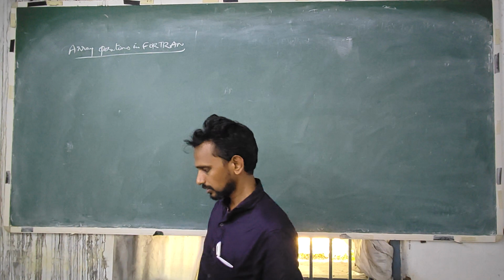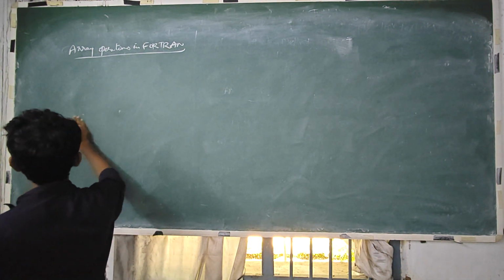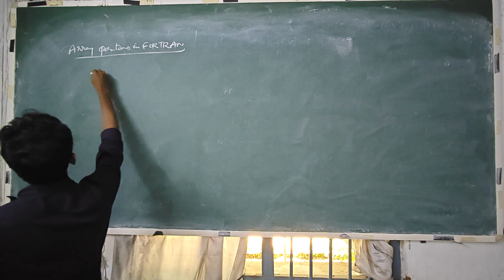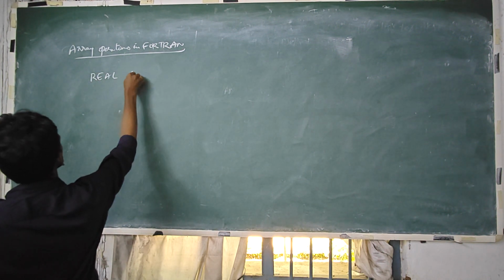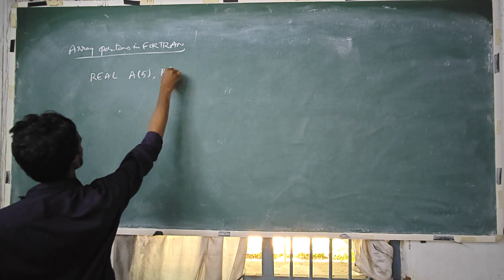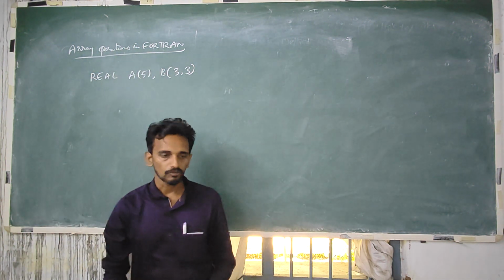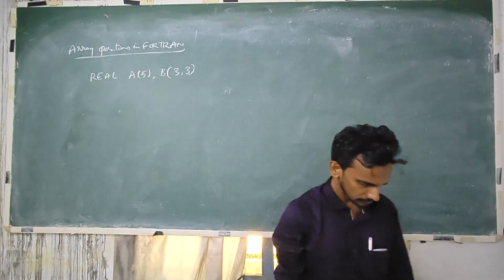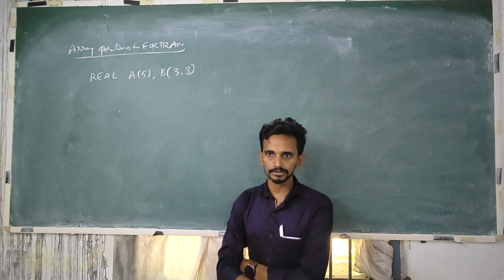So now I am trying to define an array, a real number array. A one-dimensional array with 5 elements, and a two-dimensional array with 3 by 3, 9 elements.